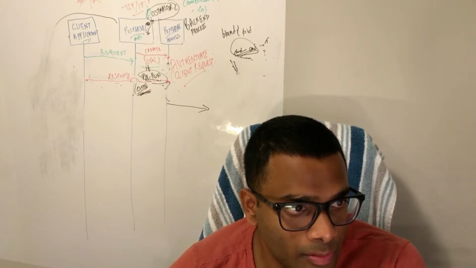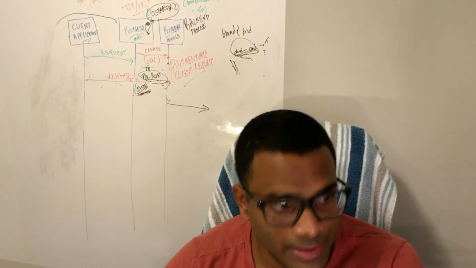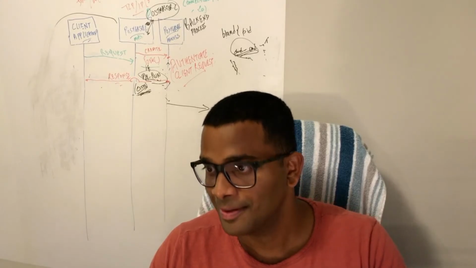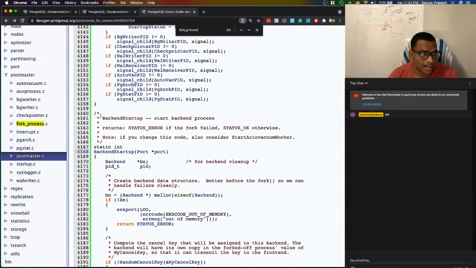If PID is 0, which is this one, backend startup. Okay, this is the one, the backend startup. It's still in postmaster.c, and I think it is responsible for starting the backend process.